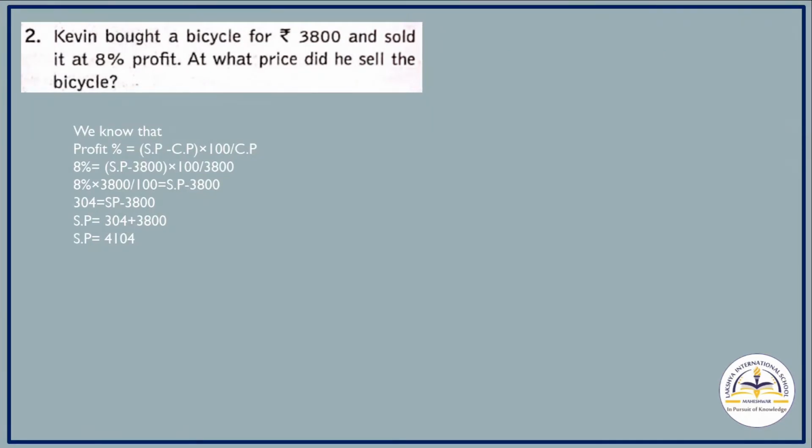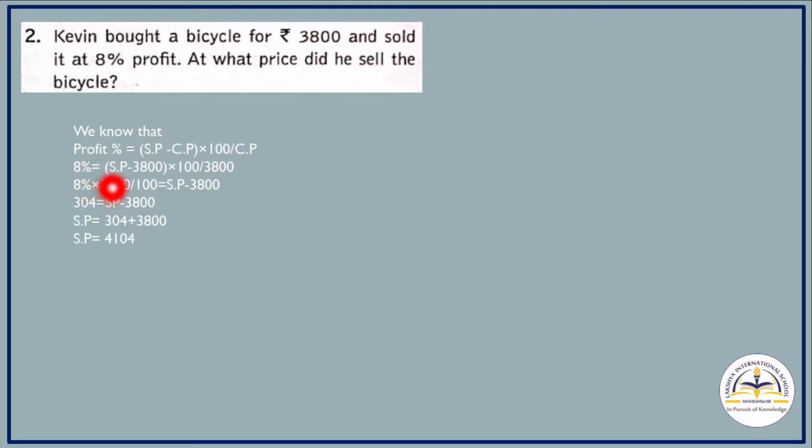Now question number 2: Kevin bought a bicycle for rupees 3800 and sold it at 8% profit. At what price did he sell the bicycle? So we have to apply the profit percentage and find out the selling price, at how much money he sold that bicycle.